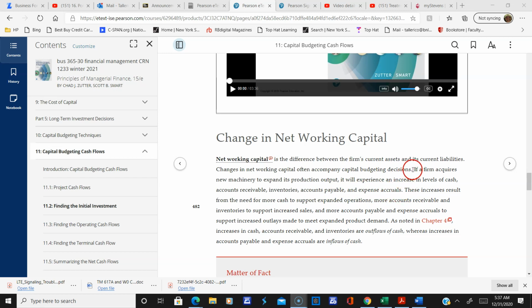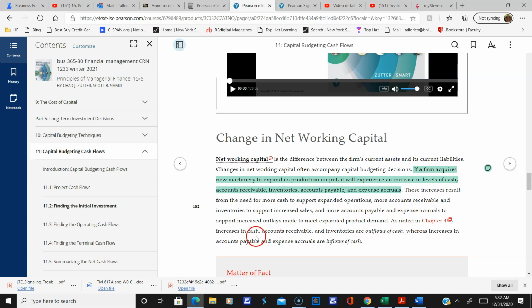These are all the things that would go up. These increases result from the need for more cash to support expanded operations, more accounts receivable and inventories to support increased sales, and more accounts payable and expense accruals to support increased outlays made to meet expanded product demand.